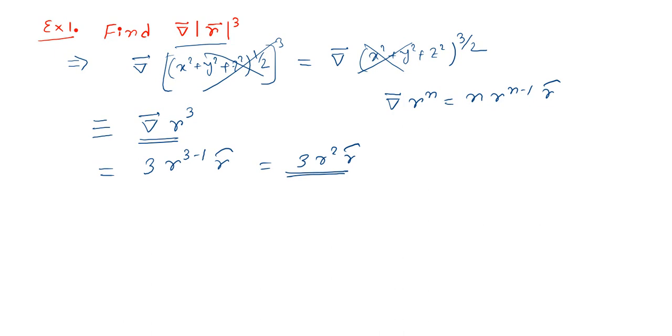But if you want to keep it in terms of r vector, it is n r to the power n minus 2 r vector, so here 3 r to the power 3 minus 2 r vector, or simply 3 r r vector, right? So both are same. Very simple. So let's take another example.